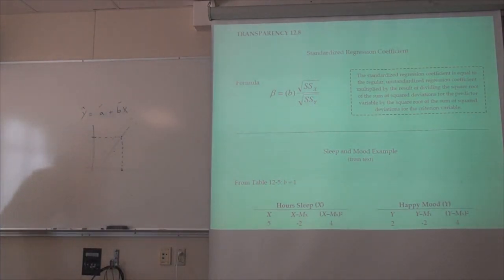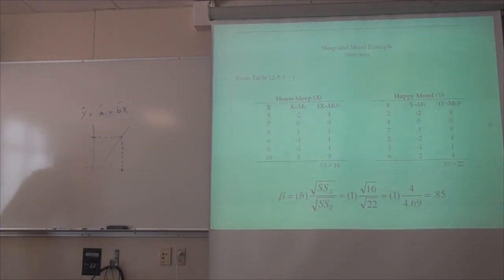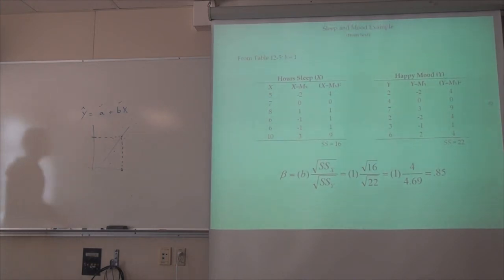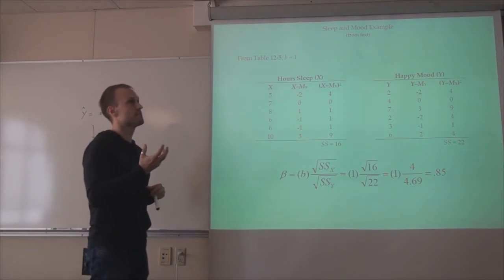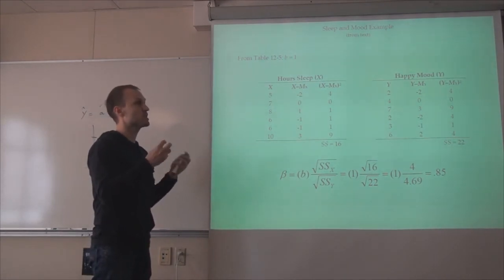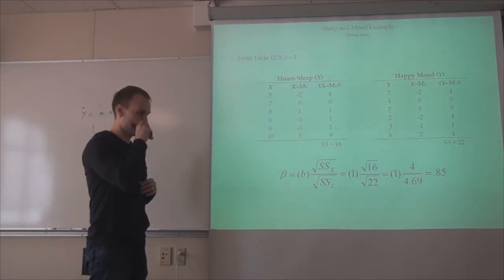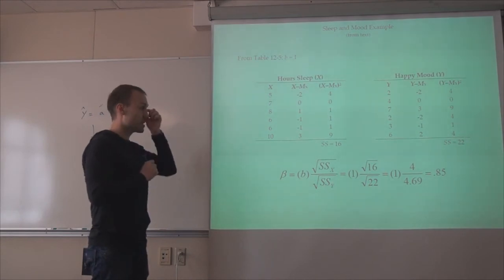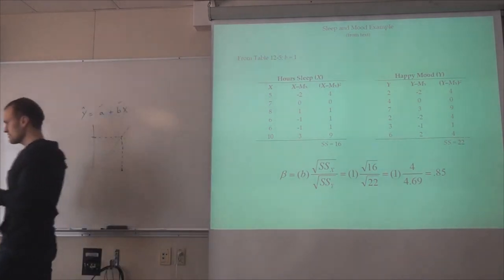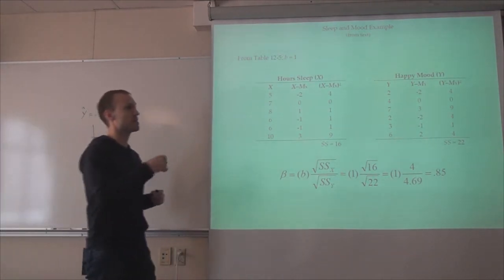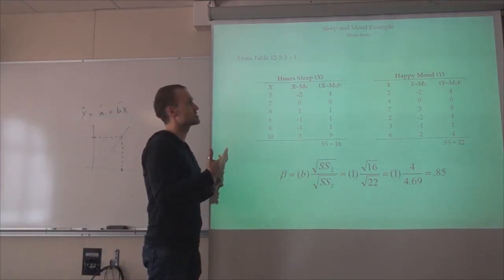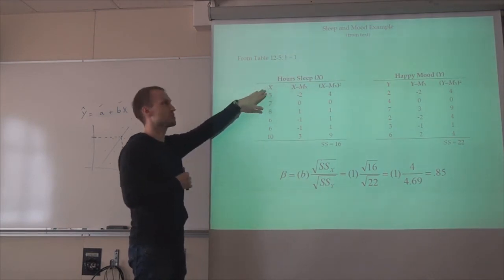So if I do that for the example, it's just going to give me an indication of how much variation, or let me rephrase that. How much of the variation in the y values that I'm observing is coming from the x variable.